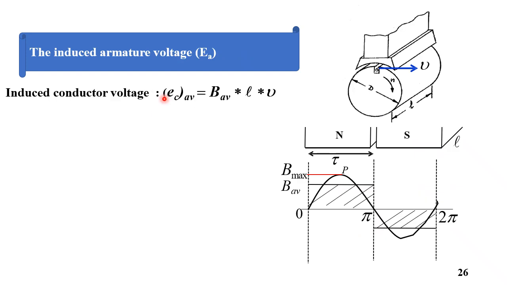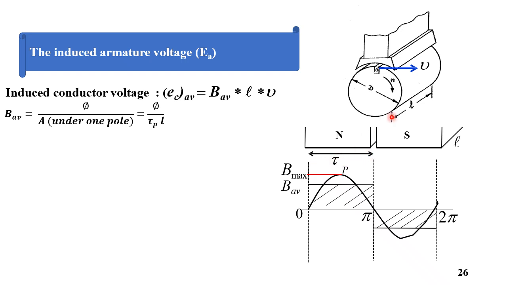The back-induced EMF per conductor average equals the average flux density times the length of the conductor times the velocity of the conductor movement. We have the average flux density equals the flux per pole divided by the area of one pole. The area of one pole equals the pole pitch times the length of the machine.